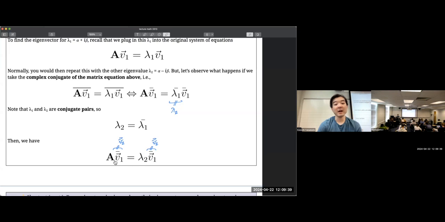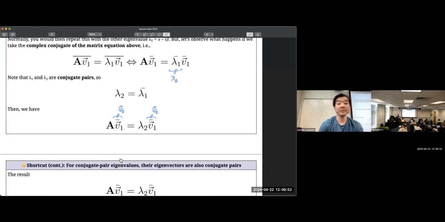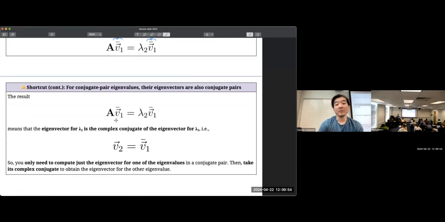Well, the complex conjugate of v1 is exactly the vector that satisfies this eigenvector equation with eigenvalue lambda 2. So therefore, this must be the second eigenvector, and this means that the complex conjugate of v1 has to be v2.